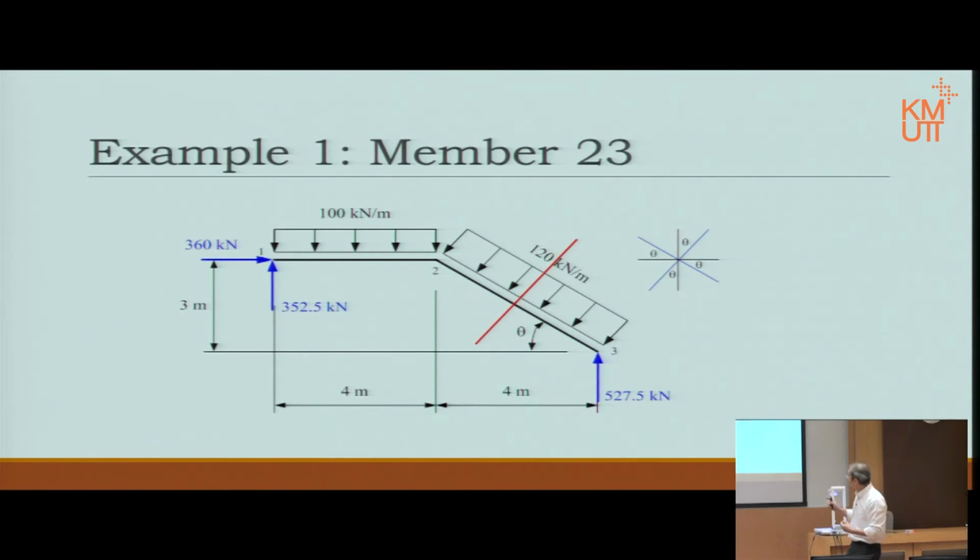Because if we look at that cut, the length from 2 to 3 is 5 meters. So if I define from 2 to the cut as x, whatever is left from the cut to 3 will be 5 minus x, correct? Now, if you think back about those two free body diagrams, I believe the one from the cut to 3 is easier to look at.